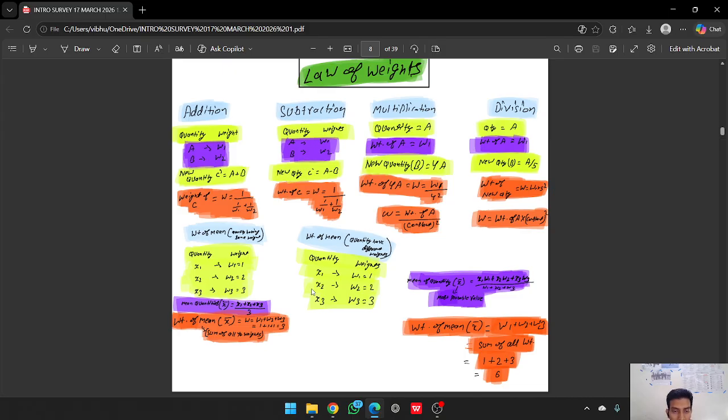Now the most important one: weight of the mean, with quantities carrying the same weight and quantities carrying different weights. In the same weight case, there are quantities x1, x2, x3 carrying weights 1, 1, 1. In the other case they carry weights 1, 2, 3.